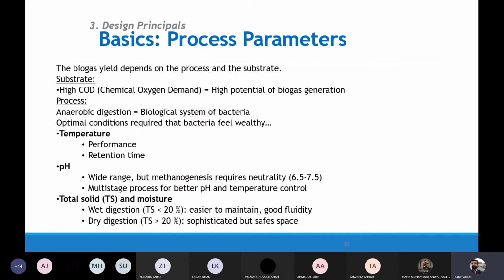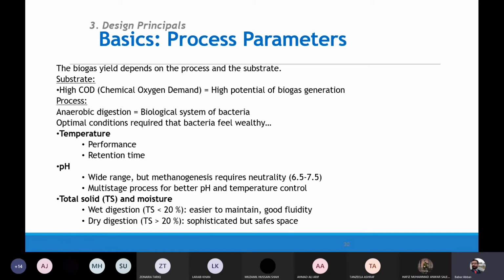Here we have the basic process parameters in terms of the design principles for the operation of the biogas plant. The biogas yield depends upon the process and the substrate. It depends upon obviously the category or type of the waste, as well as which type of process is being adopted, and what kind of parameters are being optimized.